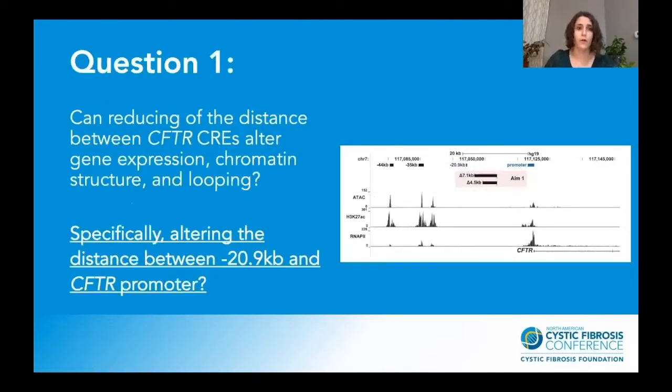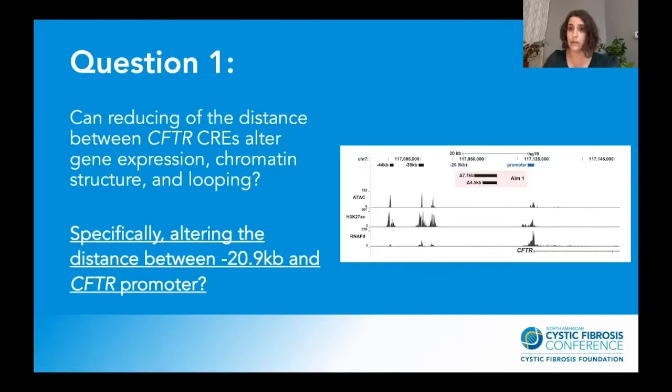So first of all, we were curious as to whether reducing the distance between CFTR cis-regulatory elements can alter expression, structure, and looping. Specifically, what happens when we alter the distance between the minus 20.9 kb cis-regulatory element and the CFTR promoter. Minus 20.9 kb is an enhancer blocking insulator.